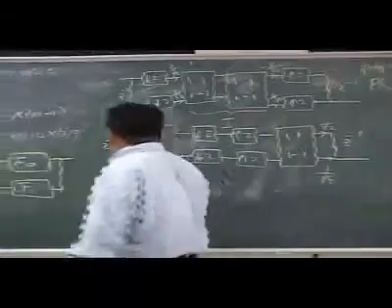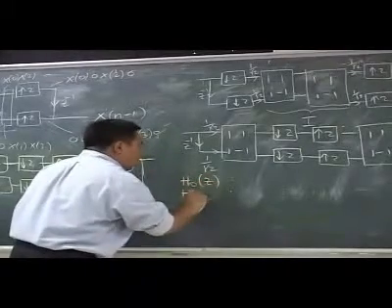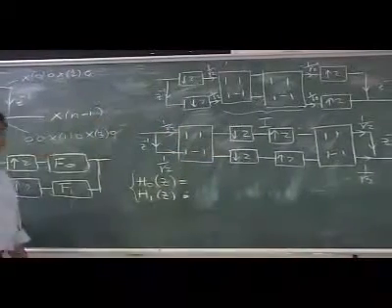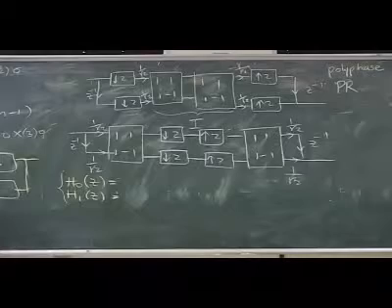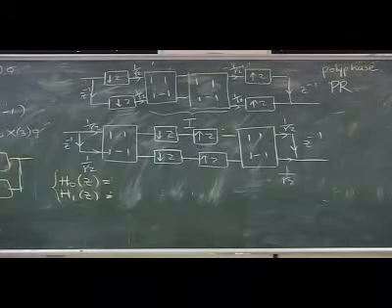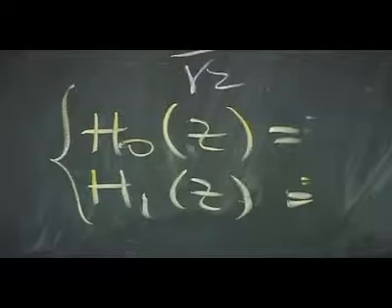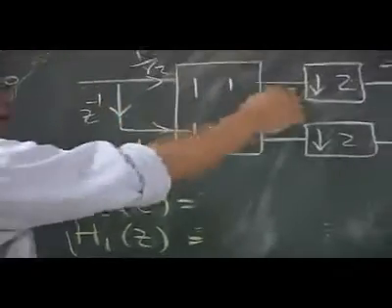So tell me, what is H naught of z, H1 of z for this system? How do I find H naught of z? Here, the transfer function from the input to the first downsampling.